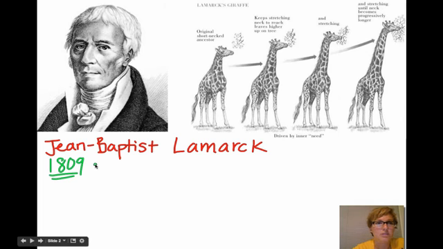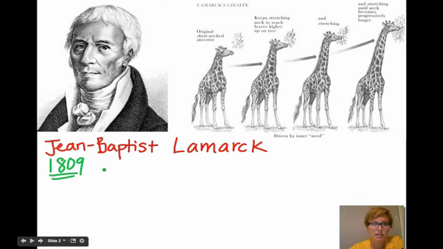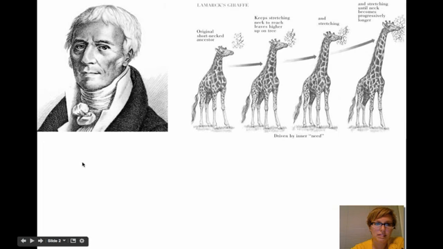That's where all the species come from. They came from each other, kind of the whole tree of life idea. But the thing with Jean-Baptiste Lamarck is that his mechanism of how he got there was a little bit flawed. And let's talk about that for a second.